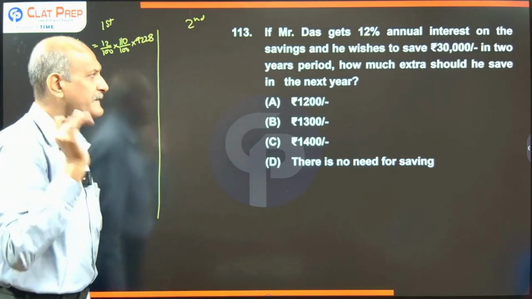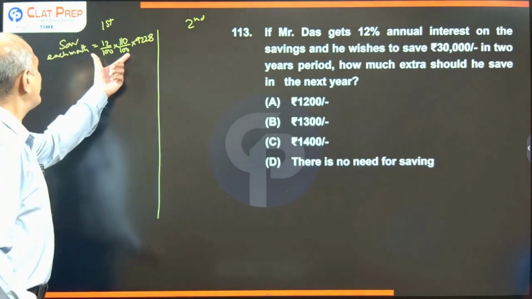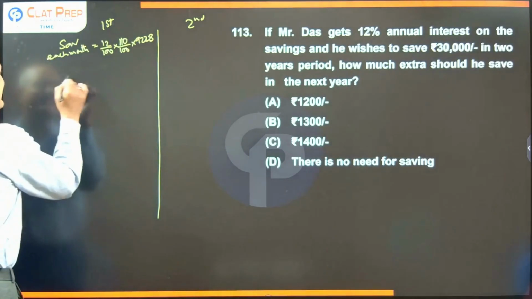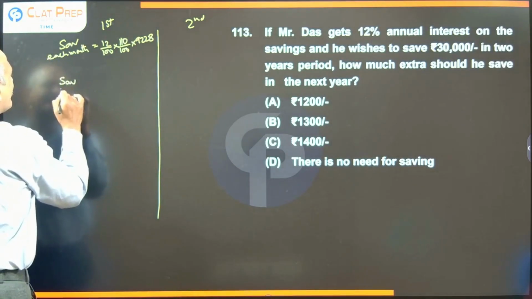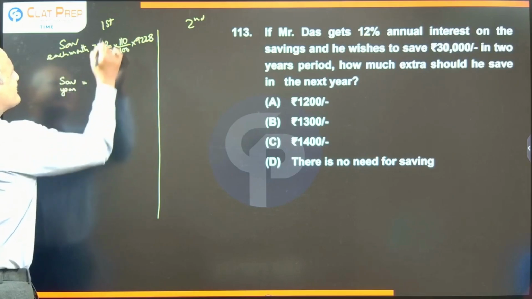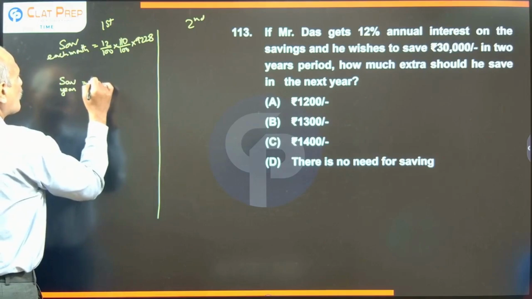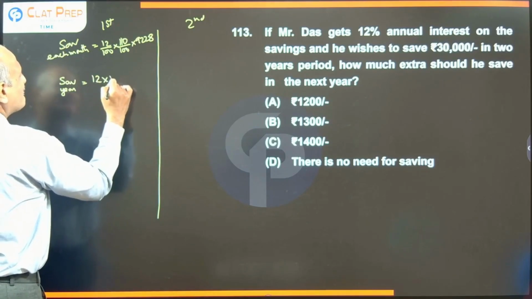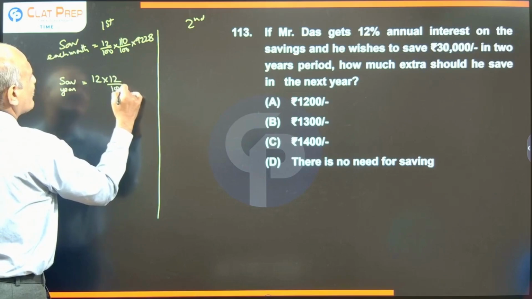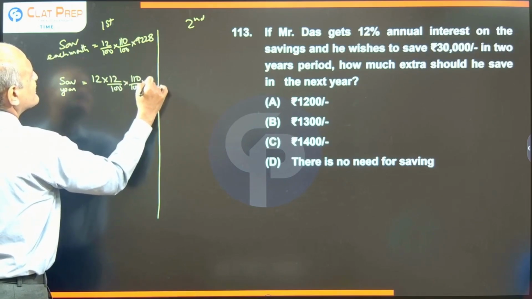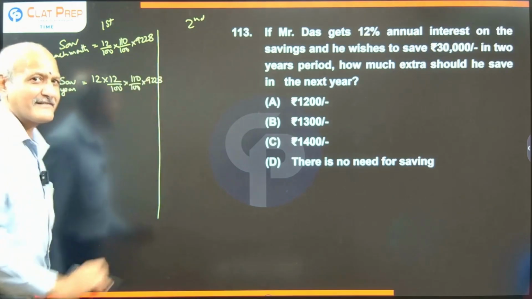Hold on, we'll calculate. But see here, this is what we are getting in 1 month. So in a year, how much do we get? Is it not the monthly savings multiplied by 12? So total he is going to get 12 times 12% of 110% of 9228.